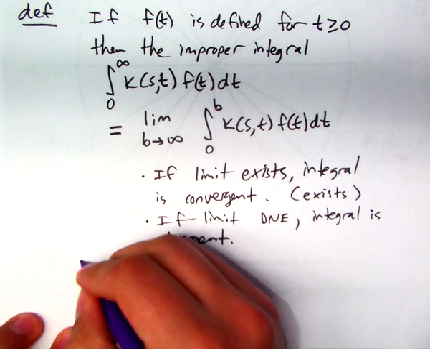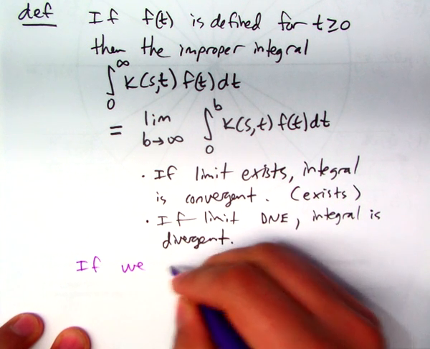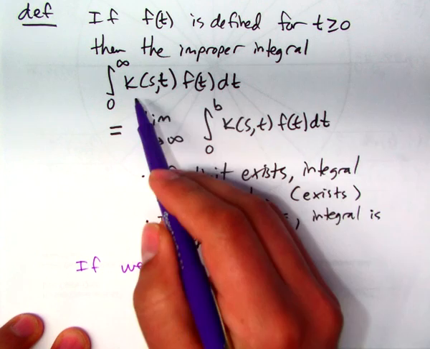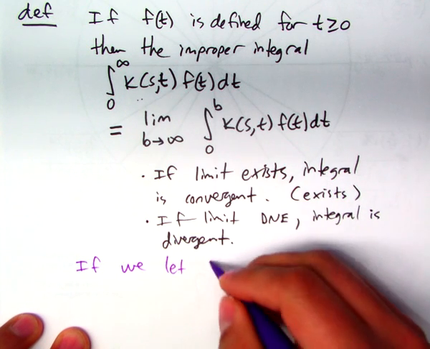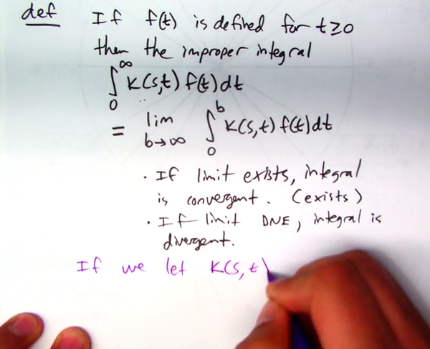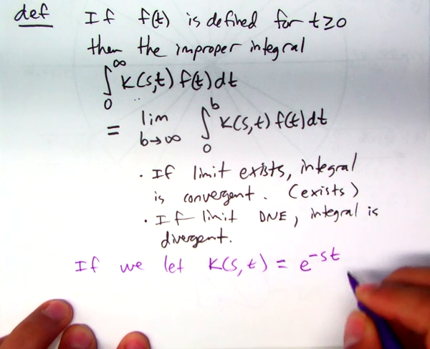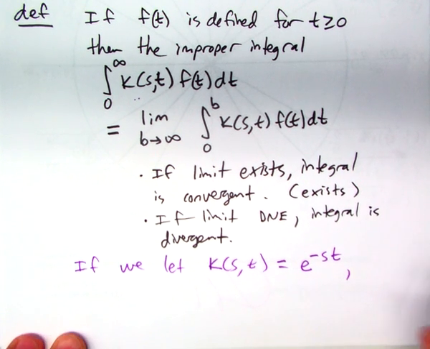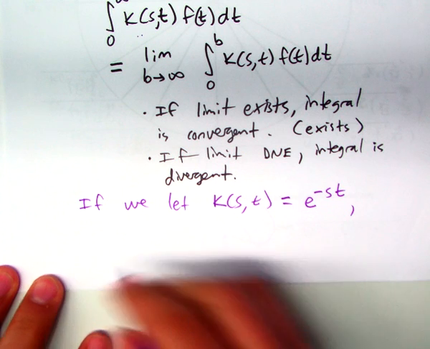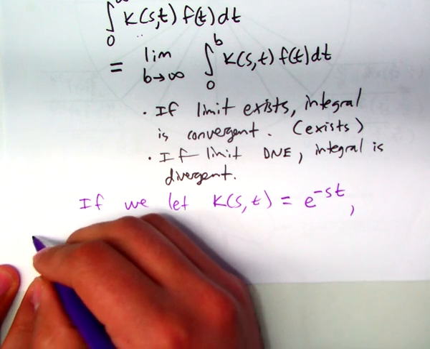If we let this mysterious k of st function be defined as e to the minus st, now we get the definition for the Laplace transform.